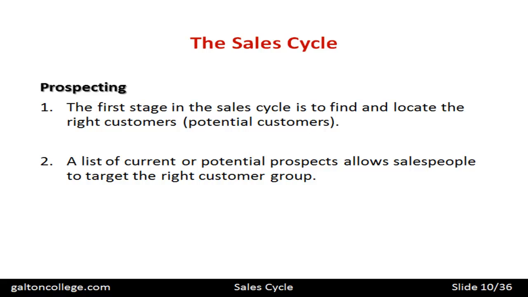So it's an expression in marketing. Should the marketing effort be a shotgun? Should it just shoot out and hope it hits the target? Or should it be a rifle, which is very specific? Well, if the prospecting has been done correctly, then the sales team can target precisely who are likely to be customers.